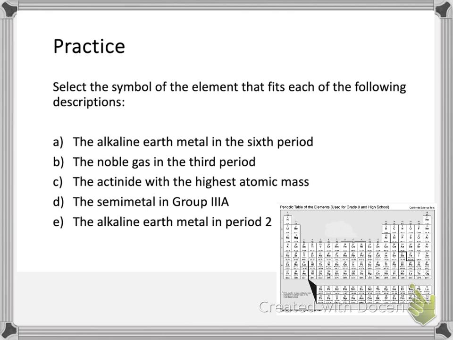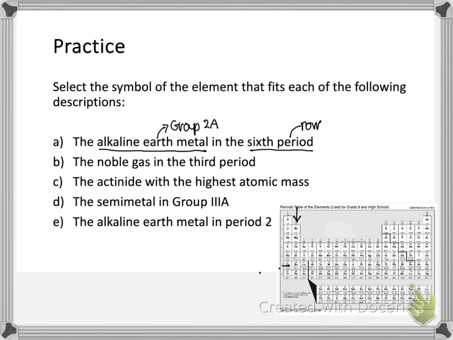So I look at letter A, an alkaline earth metal. Okay, so this is going to be group 2A. And you wouldn't have to write all this down. I'm just trying to think out loud. So that's this. And then in the 6th period, so the period is the row. So 5, that's 6 right here.